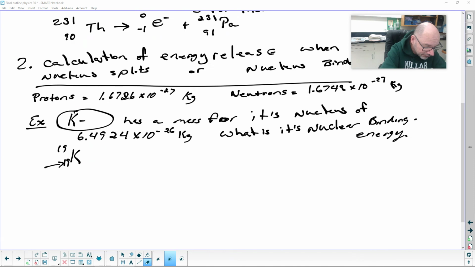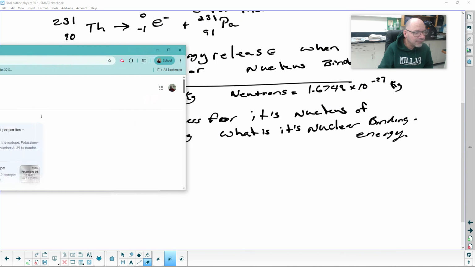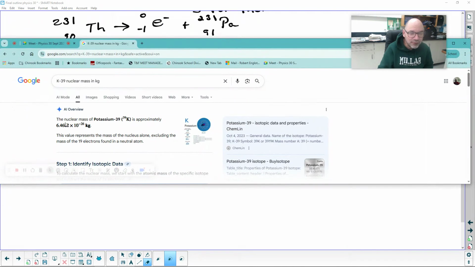Sorry about that. I was thinking K19 being element 19. Okay, so we'll change that mass there. According to this one, there's a better one. Okay, so there at 6.4682.